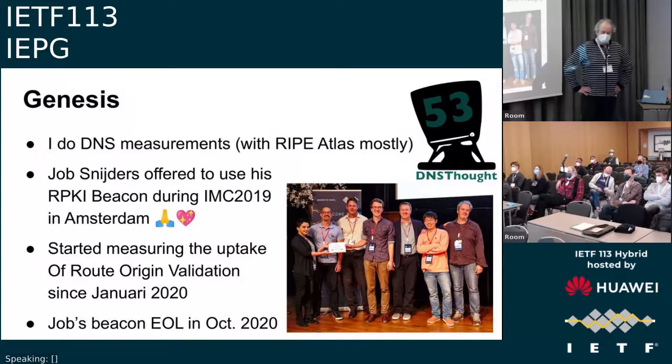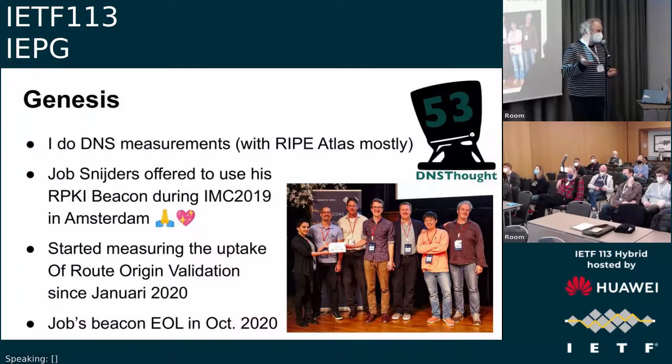And during that conference, there was just the hijack of the Ethereum wallet, and that was by a route hijack. Right? The authoritative servers of Route 53 were hijacked, and the resolvers were not protected by route origin validation. So it was clear to us that it's important that we would do these measurements as well.